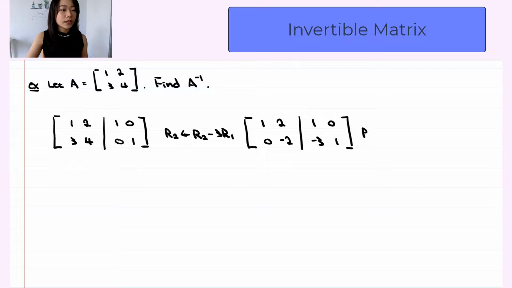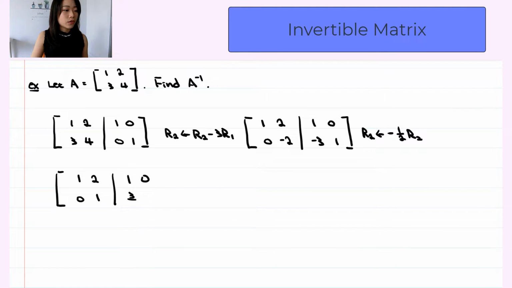Then I'm going to replace row 2 by negative half of row 2. Then I get 1, 2, 1, 0. First row remains the same. Then 0, 1, 3 over 2, and negative half.